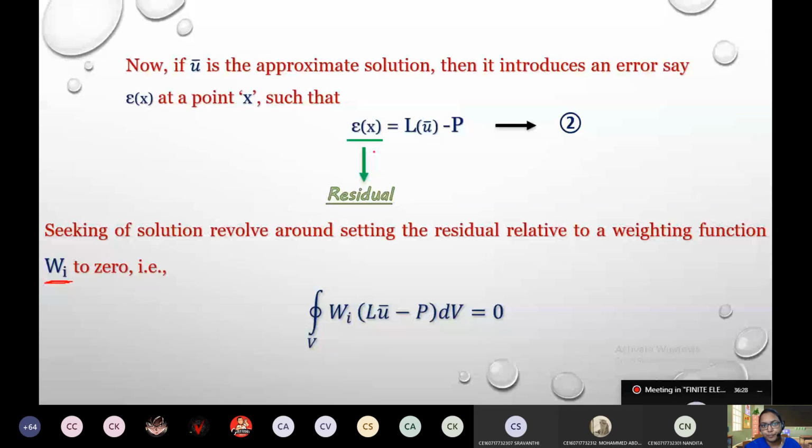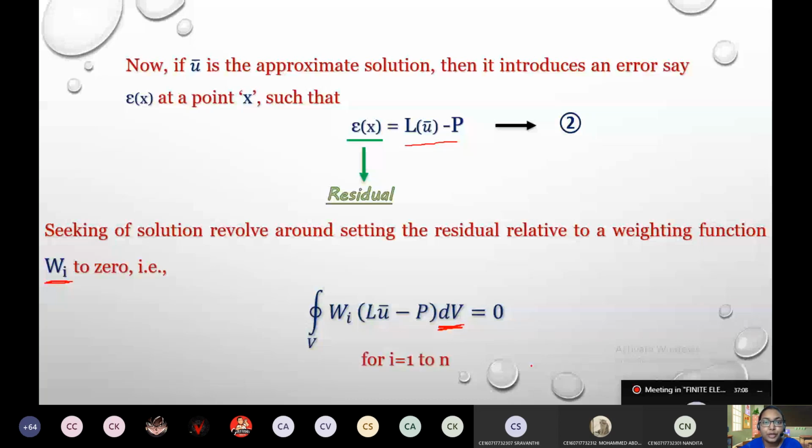We had the differential form, out of which we will get an approximation. To that differential form, we give a weighting function and make it into integral form to reach the solution. So over the specified volume, the integral of W i into the residual epsilon, L of u bar minus P, into dV. dV is for the overall specified region, the overall boundary or volume.